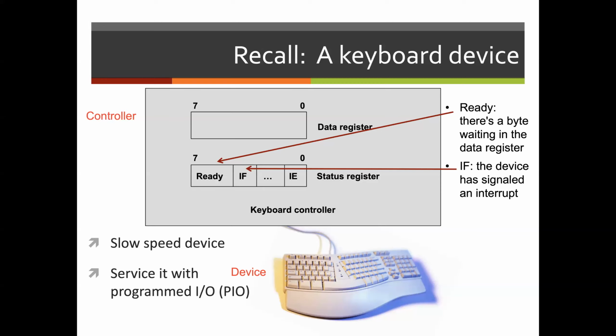We'll need to have an instruction fetch to ensure that the device has signaled an interrupt. And then we want to have an IE, which is going to be one if the interrupt is ready.